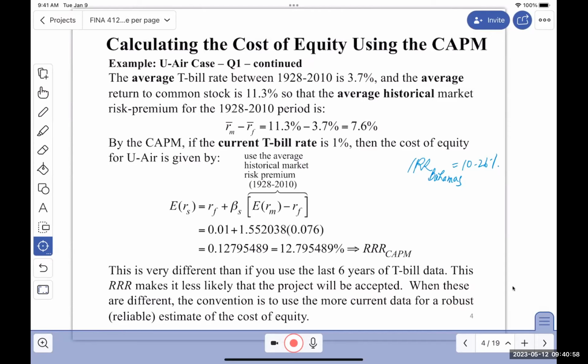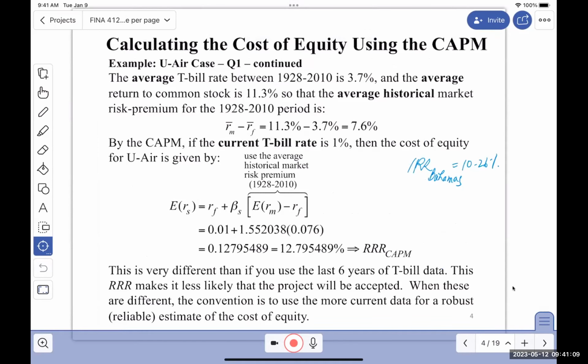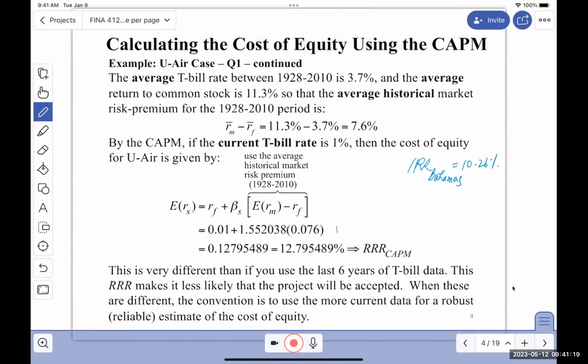That's my logic in keeping 5.27. We're going to use 5.27, right? But first, I'm going to make one more calculation. I'm going to try and estimate it a third way. So this is option 1, and this one is option 2.